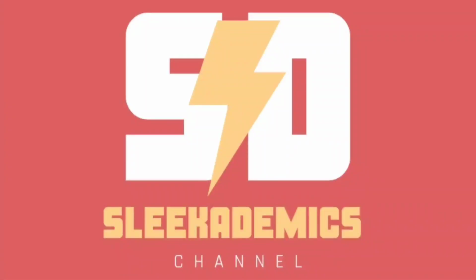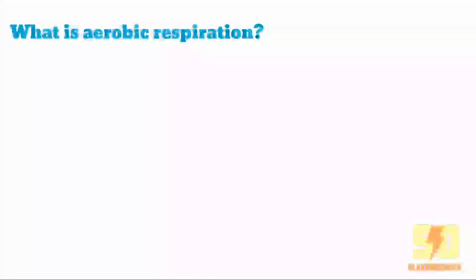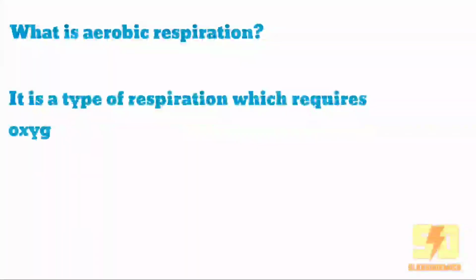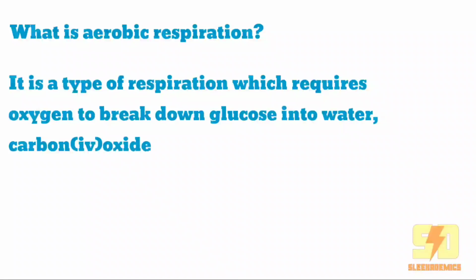In today's class, we shall be discussing anaerobic respiration. But before then, let's quickly revisit our former classes on glycolysis and Krebs cycle, which are both processes in aerobic respiration. So what is aerobic respiration? It is a type of respiration which requires oxygen to break down glucose into water, carbon dioxide, and energy in the form of ATP.